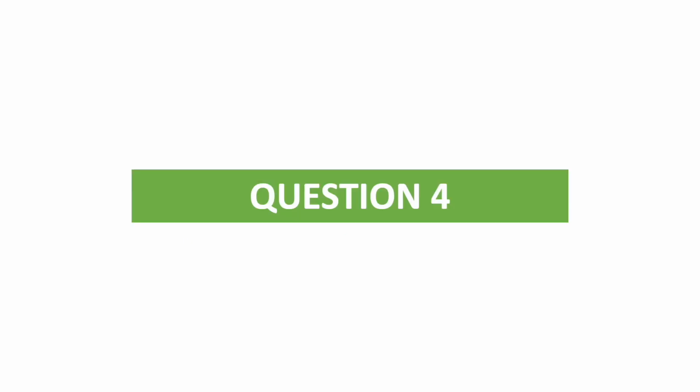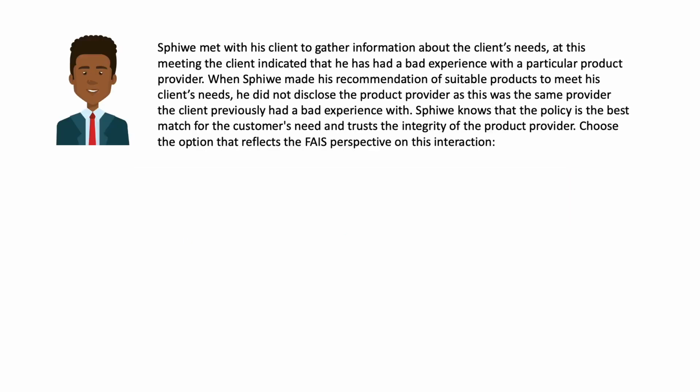Question 4. Supplier met with his client to gather information about the client's needs. At this meeting, the client indicated that he has had a bad experience with a particular product provider. When Supplier made his recommendation on suitable products that would meet his client's needs, Supplier did not disclose the product provider, as this was the same provider the client previously had a bad experience with.